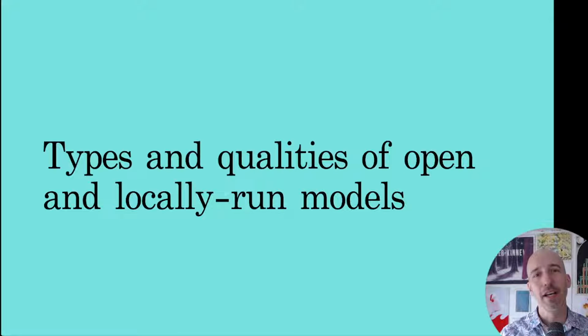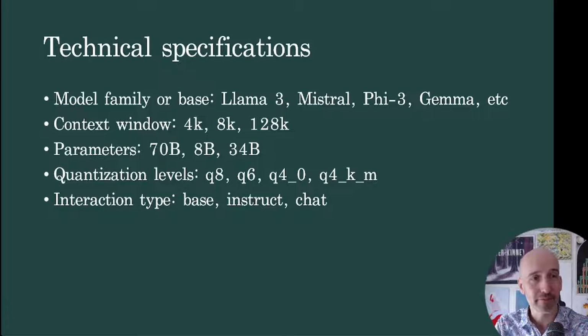Now, when we start to download these models, we're going to have to make a lot of decisions about which model to download. If we want to download Llama 3, you don't just click a button that says download Llama 3 and get Llama 3. There are all kinds of intimidating and scary-seeming things you have to learn along the way, and I'm just going to tell you all of them right now.